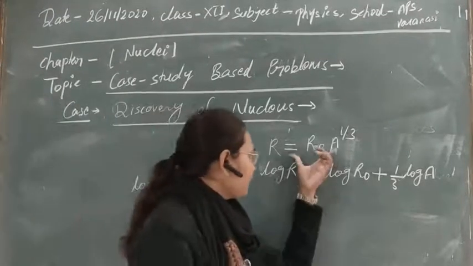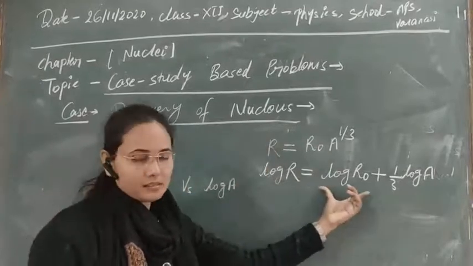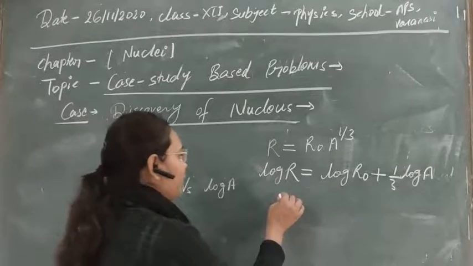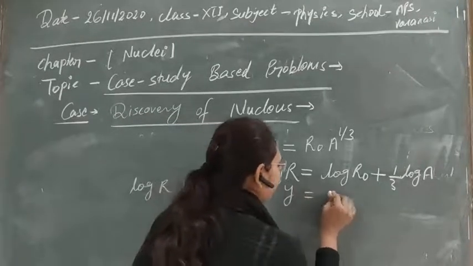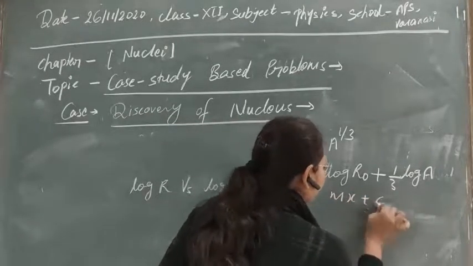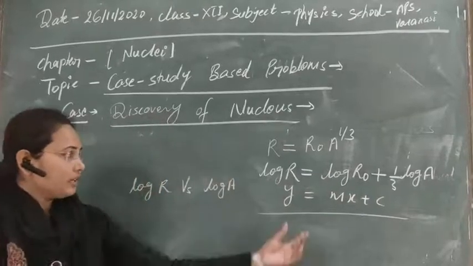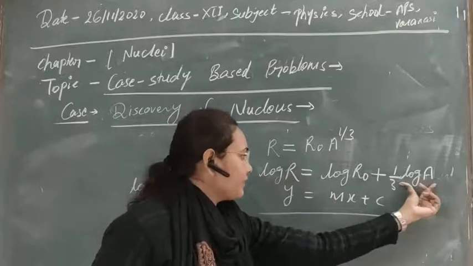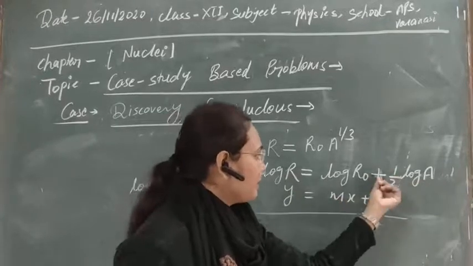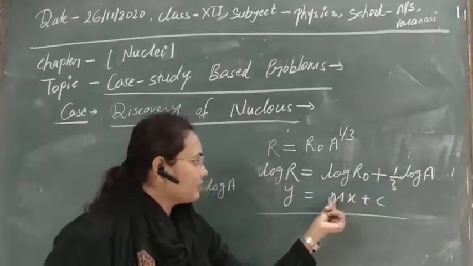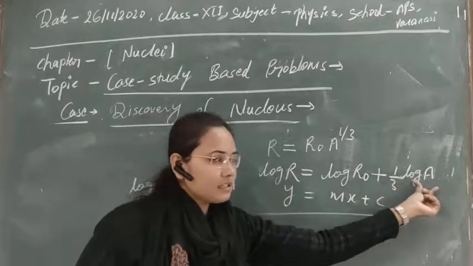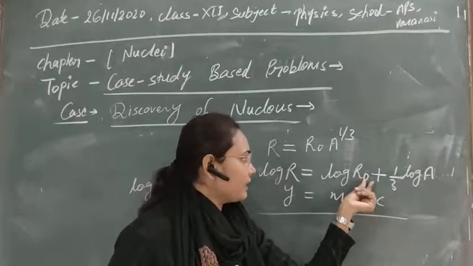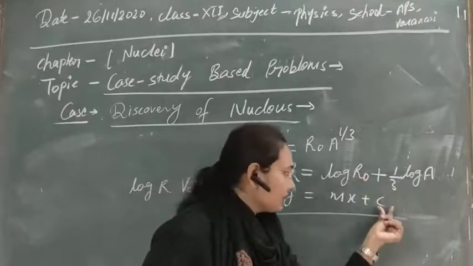So as we solved this problem in this way, you can also see that this formula is just like y = mx + c for the straight line. Here this portion we can take as y, this portion we can take as mx, and the value of m or slope is equal to 1 by 3, and this is a variable quantity, x, and this is a constant quantity as r0 is constant, so this is equal to c.